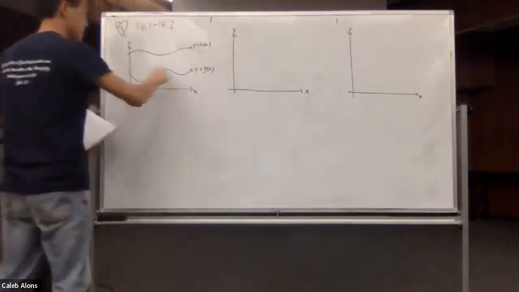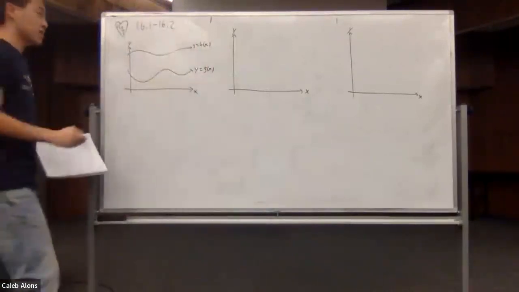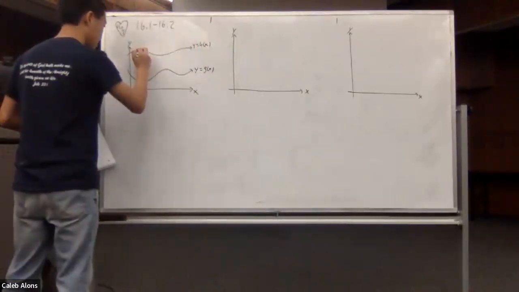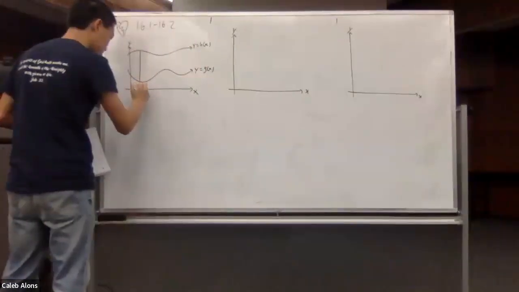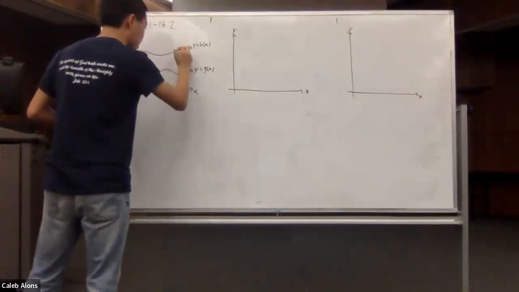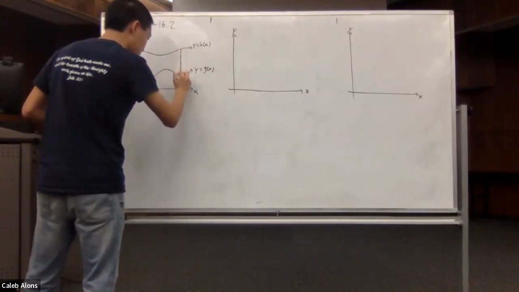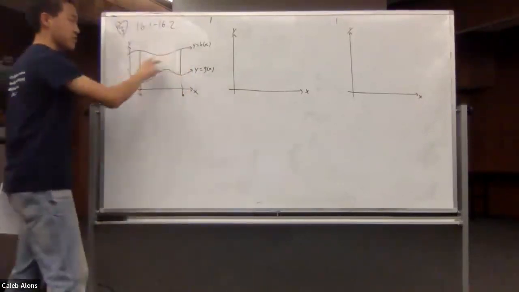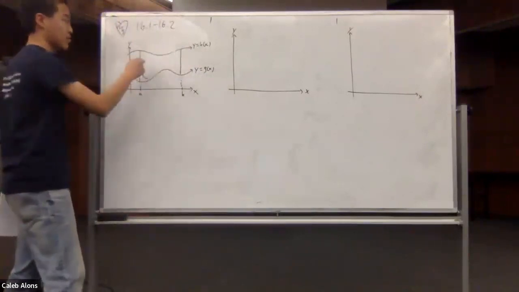Notice that they don't have any intersections. And so the x's are bounded by constants: a, which is solid, and then dotted, b. Do you see what the region looks like?